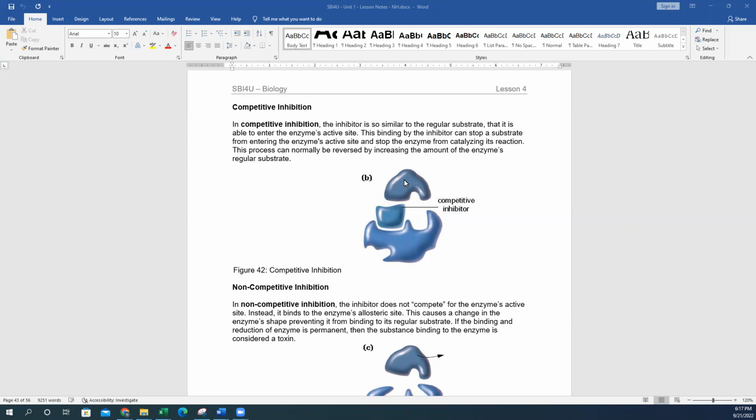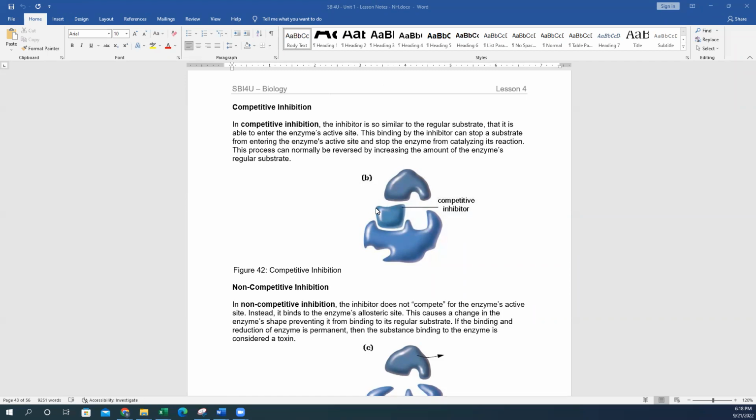So instead of the substrate binding at the active site, this other molecule that is not a substrate can bind in the active site. By doing so, it can block the access of the substrate to this active site. If the substrate is not able to enter the active site, the enzyme is not able to catalyze that reaction.